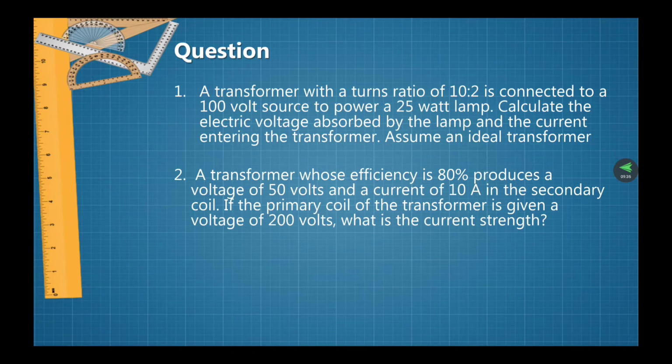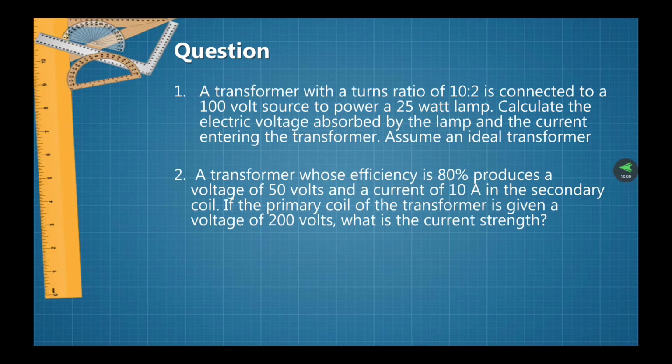So, for example, this is a question for you to answer. A transformer with a turns ratio of 10 divided by 2 is connected to a 100-volt source to power a 25-watt lamp.